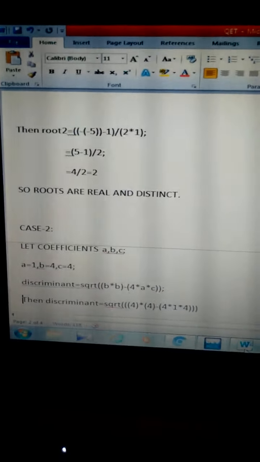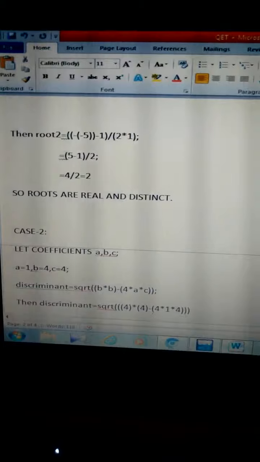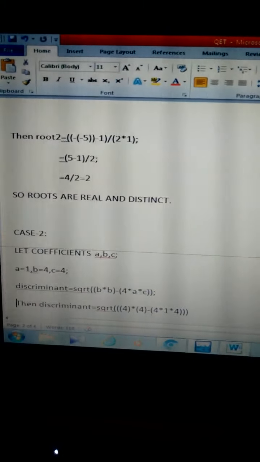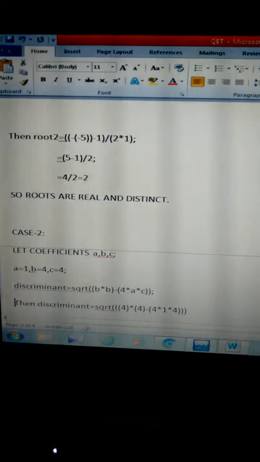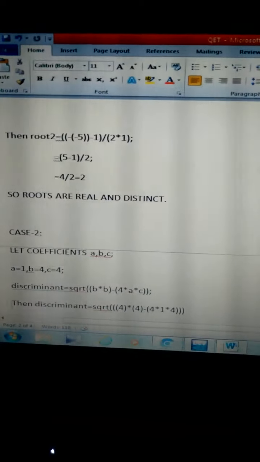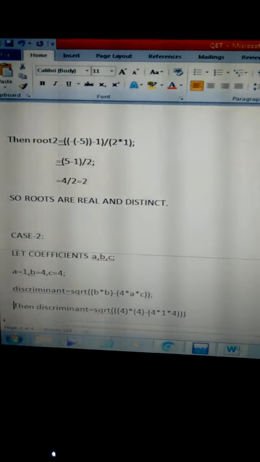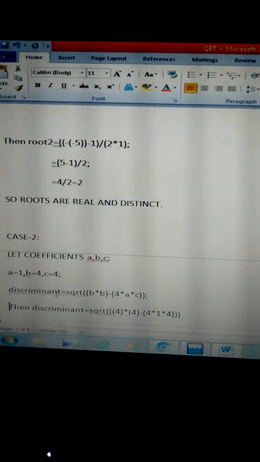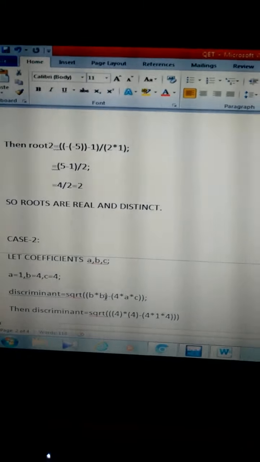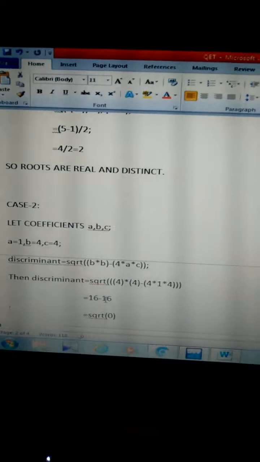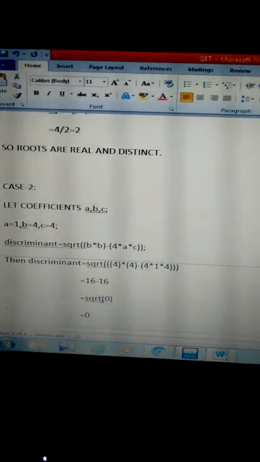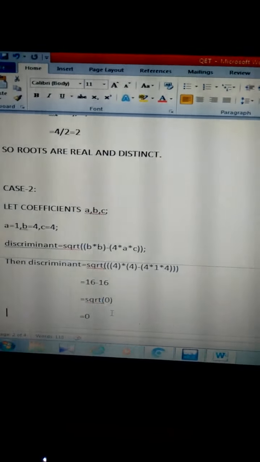Second case, let the coefficients be a, b, c, and the values a is equal to 1, b is equal to 4 and c is equal to 4. Now calculate the discriminant value. Substituting b, a, c values, we get discriminant is equal to 0.